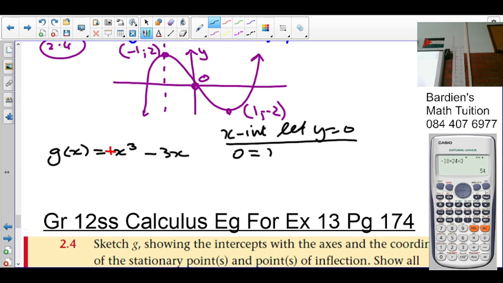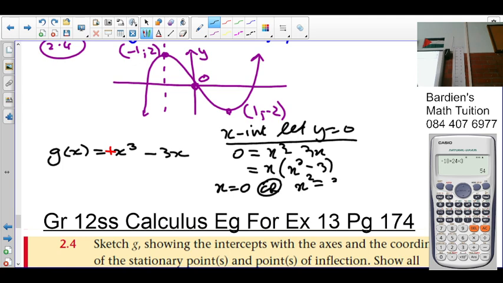So we get 0 is equal to x cubed minus 3x. We take out x as a common factor. Remember, you can't divide by x or a variable. So that will be x times x squared minus 3. So x is equal to 0, or x squared minus 3 is equal to 0. So x squared is equal to 3. Get rid of the square root, don't forget plus minus. So x equals plus minus the square root of 3, which is negative root 3 and positive root 3. The y-intercept at x equal to 0 will go through the origin.